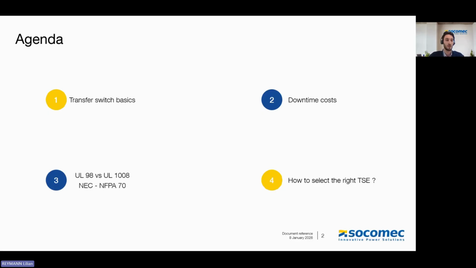On the third part, we will go through the UL standards, UL 98, UL 1008, and different articles in the NEC, National Electrical Code. And as a fourth and last part, we will see how to choose and how to select the right transfer switch equipment.